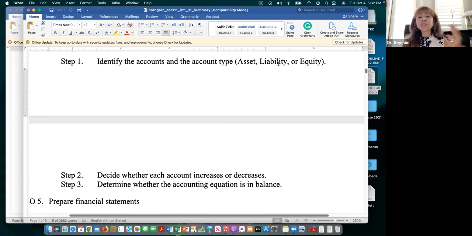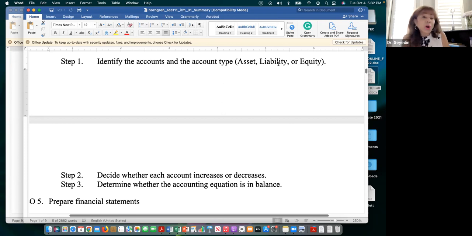Current liabilities, you must make a payment within the next 12 months, or, as I mentioned, one accounting cycle. But let's go with 12 months because it's easier for us to remember.